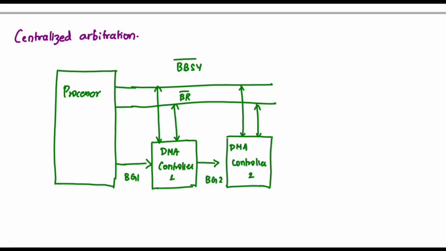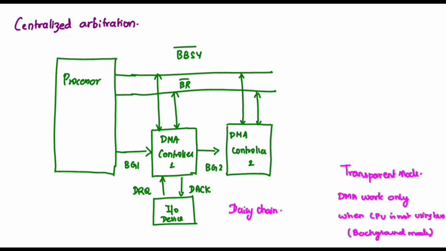First, let us discuss centralized arbitration. Here the priority is fixed. You can see I have two DMA controllers. BR is the bus request signal. Whenever the input device wants to access this bus, it will send the DMA request, and the DMA controller will send back a DMA acknowledgement signal.